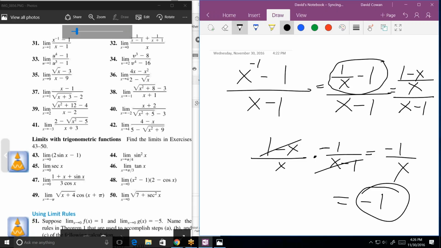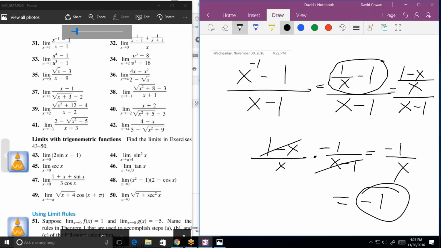Okay, 32, same thing. The solution to 32 is to add the numerators together to form a single fraction, and then flip that and multiply, and you'll see magical things happen. So I have to get a common denominator first.